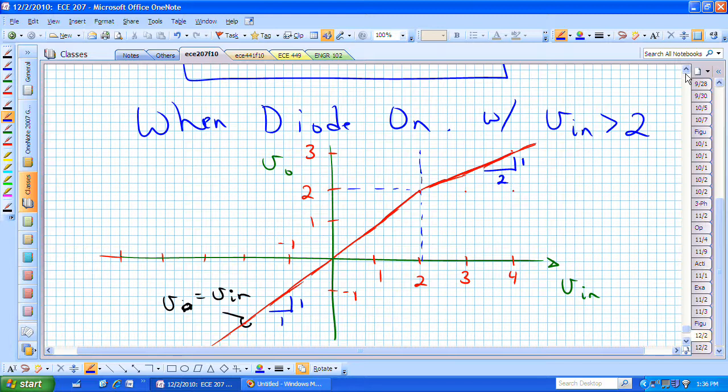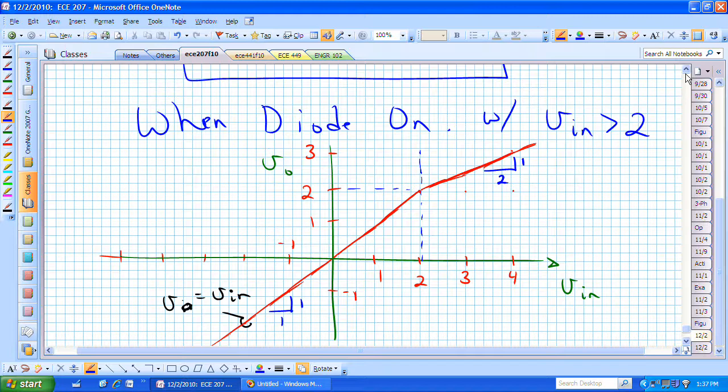Then we said, what happens when the diode is on, and under what conditions is that true? We allowed the diode to turn on. For an ideal diode, the diode is replaced by a wire or a short. We looked at what would happen, and we found our output voltage and input voltage relationship for that particular circuit, and that allowed us to determine this overall transfer function characteristic.